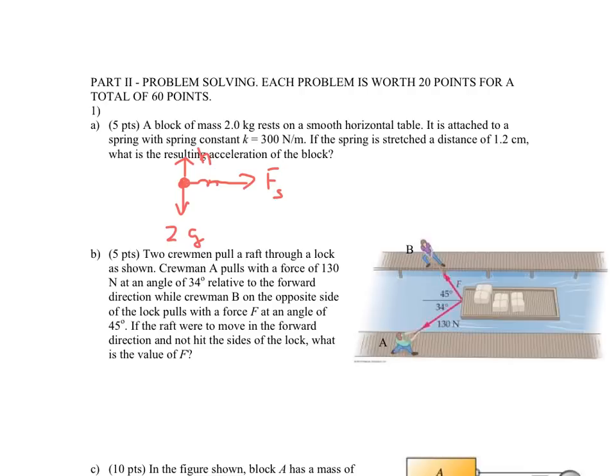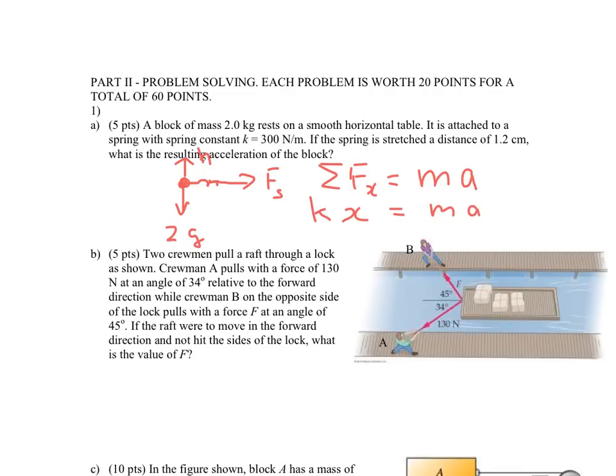And so horizontally, if you call that the x direction, Newton's second law, sum Fx equals m times the acceleration, would allow you to figure out what the acceleration is. Now, what is the force? The force is the spring force, and the spring force is given by k times x, where x is the extension or elongation or the amount of stretch. This must be equal to ma.